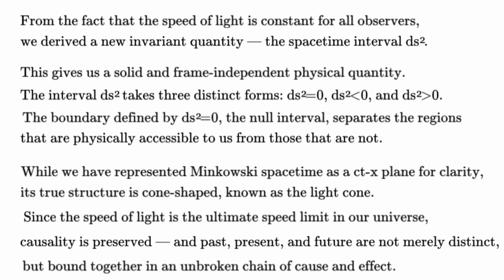The boundary defined by ds squared equals 0, the null interval, separates the regions that are physically accessible to us from those that are not. While we have represented Minkowski spacetime as a ct-x plane for clarity, its true structure is cone-shaped, known as the light cone. Since the speed of light is the ultimate speed limit in our universe, causality is preserved, and past, present, and future are not merely distinct, but bound together in an unbroken chain of cause and effect.